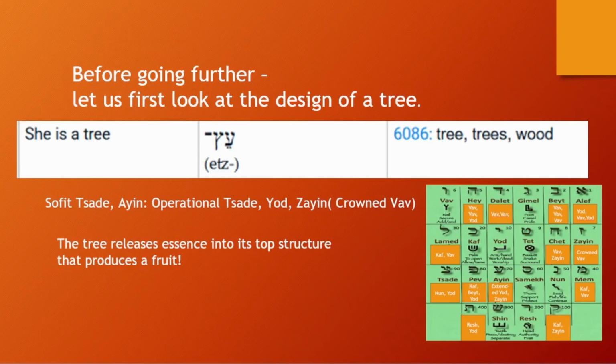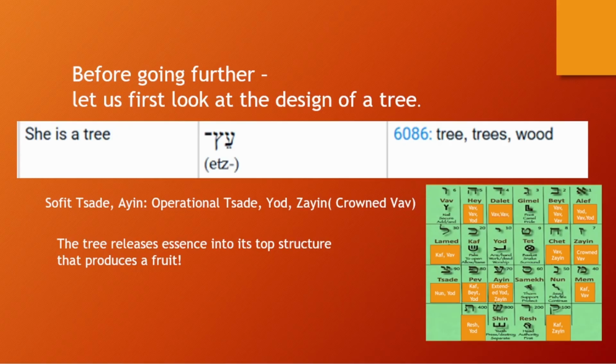So, before we're going to go any further with the Sufit letters, let's first look at the design of a tree. The Hebrew word for tree, trees or wood is ayen sufit tzade.